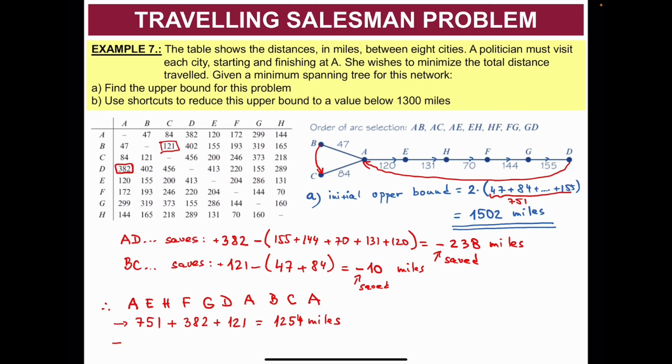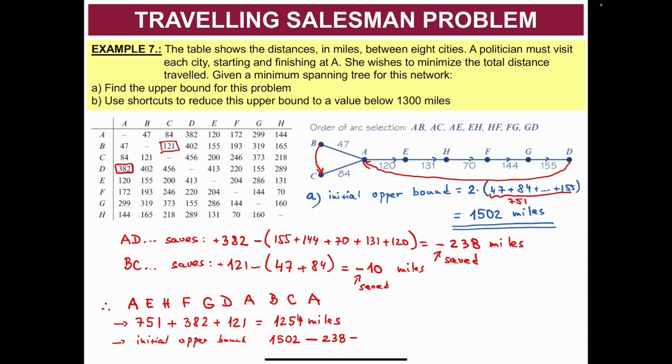The second one would be the initial upper bound. Initial upper bound, that's you got. That was how much? That was 1502 miles. But you saved 238 miles.